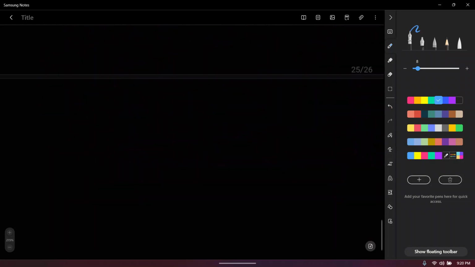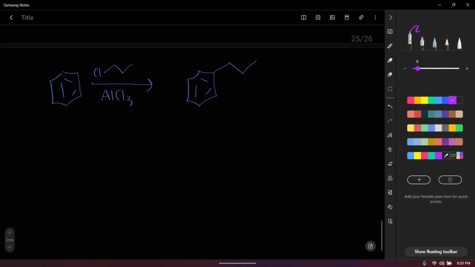So you might say to yourself, if I have a benzene ring, and if I want to turn that into propyl benzene, right? I should be able to just add propyl chloride with AlCl3. And it would seem like that would work, right? But let's actually do the mechanism for this and think about why that doesn't work.